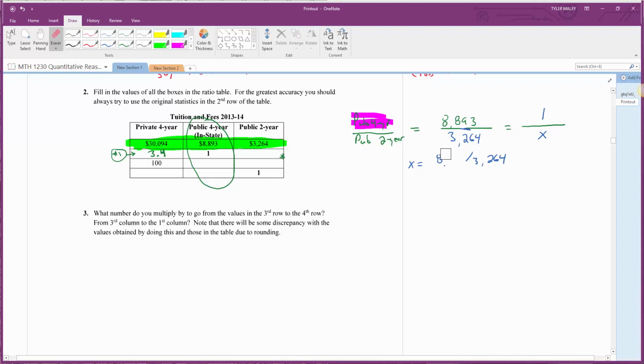Or, wait, I have that backwards. So if we cross multiply, we would get 8,893x equals 3,264, right? So now I would divide both sides by 8,893.